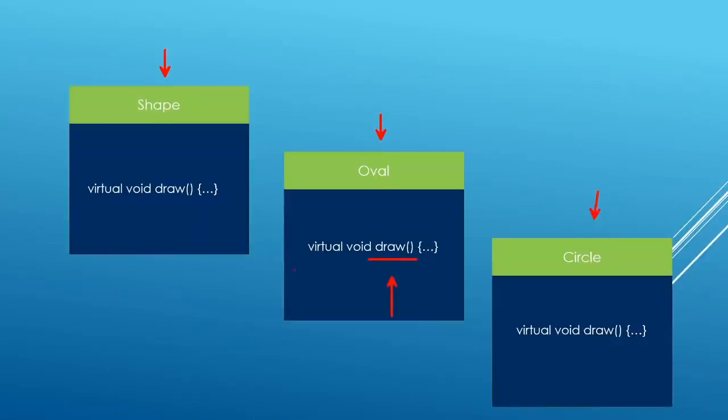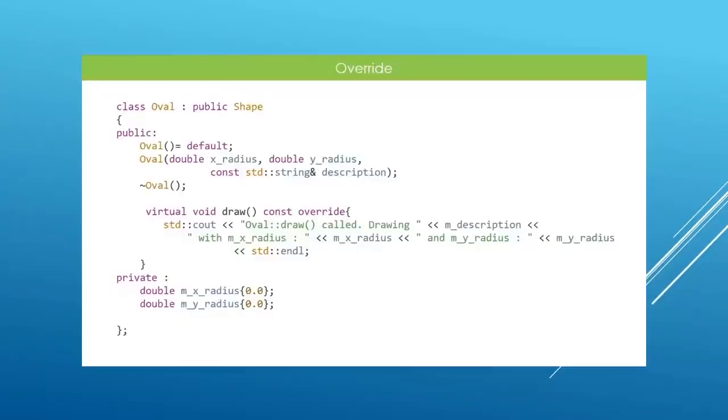So in C++, we can avoid these problems by explicitly specifying that the draw method we have in oval is an override, and we can add this specification after our method header. And the C++ compiler is going to enforce that we are actually overriding a method that exists in our parent class, which happens to be shape here.